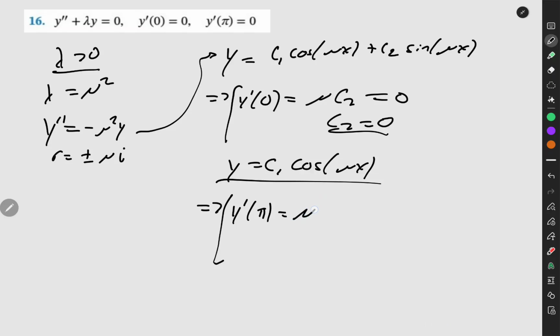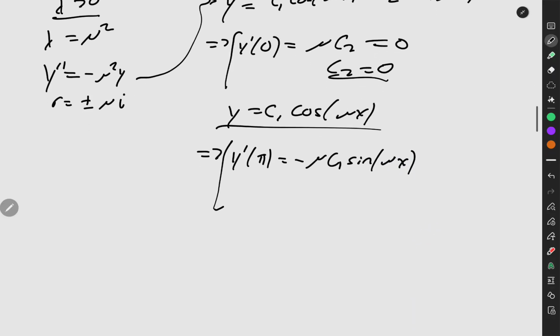I'm taking the derivative again. Okay. This will be negative. So for this one here, we want to take a look at this one.